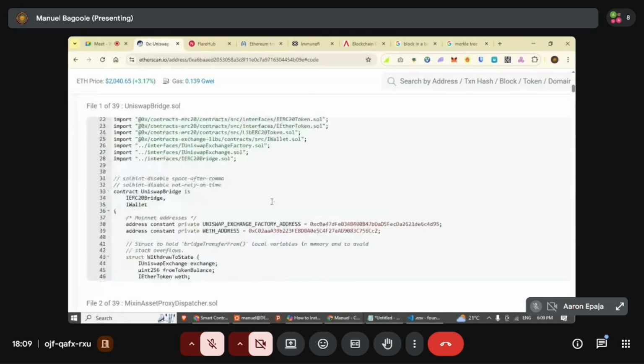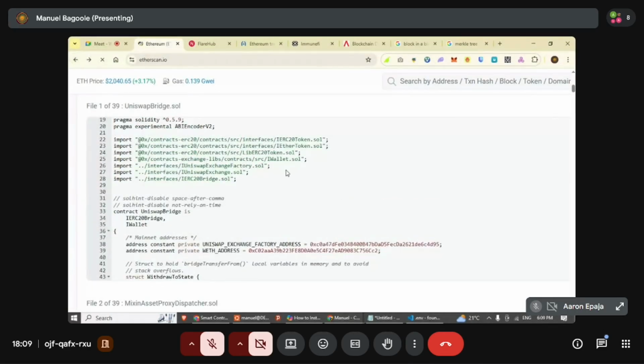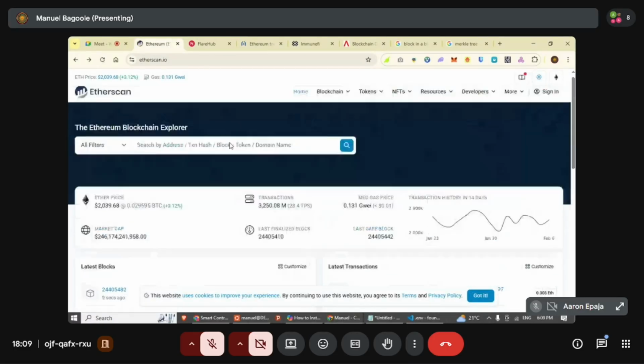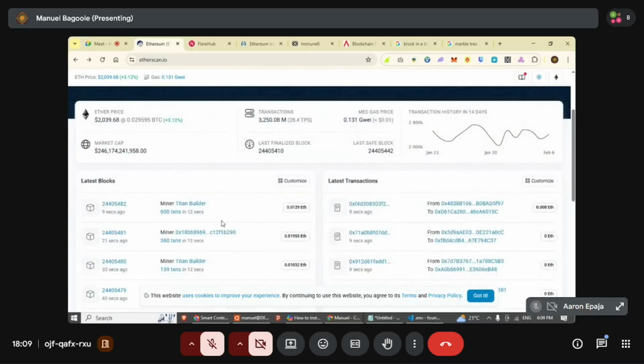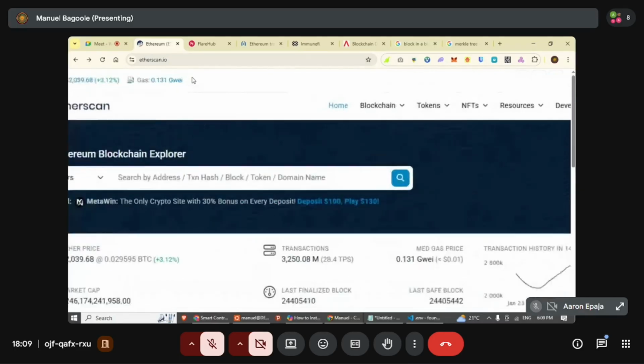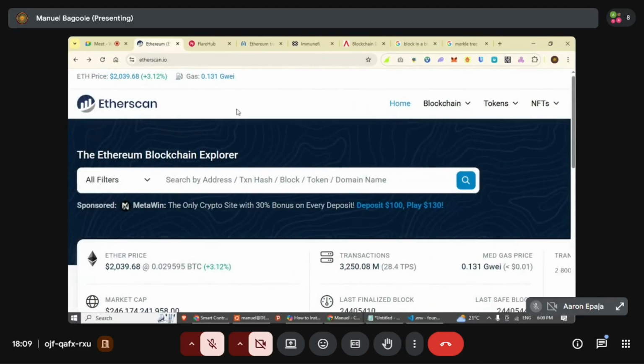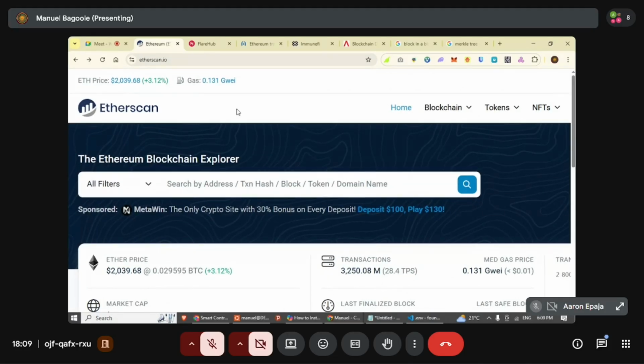So when we look at the transactions here, back to Etherscan, we can try to calculate. Let's start with this. You can see that the approximate gas price right now is 0.131 Gwei. See that? So how do we get the value of this in the equivalence of ether?